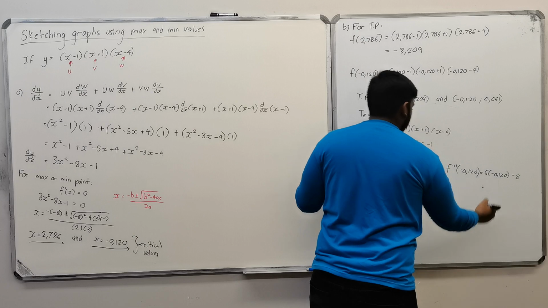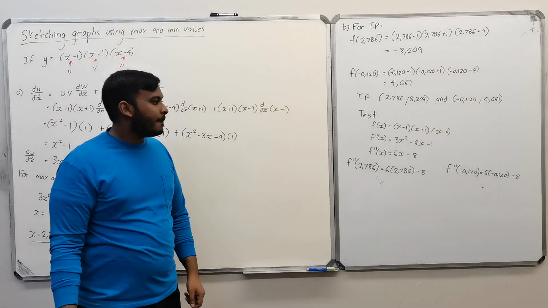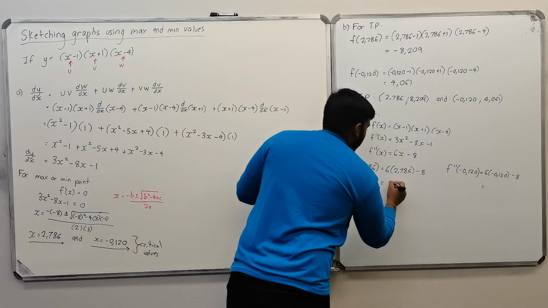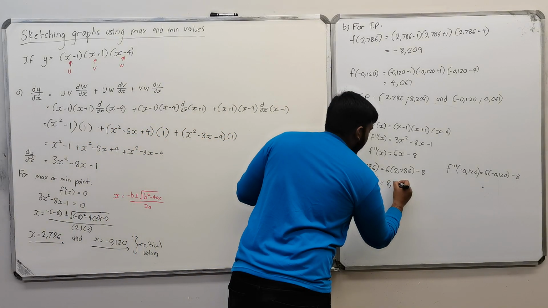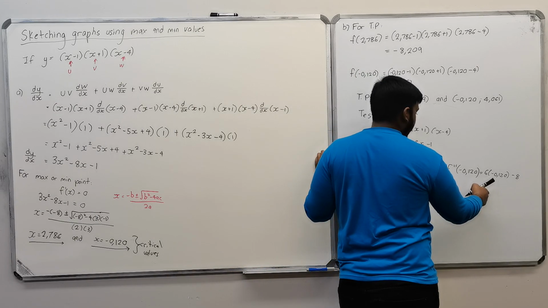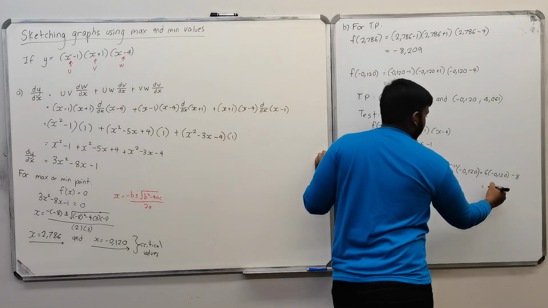Now what do you get? First one is 8.716. 8.716. And this one? Minus 8.72.